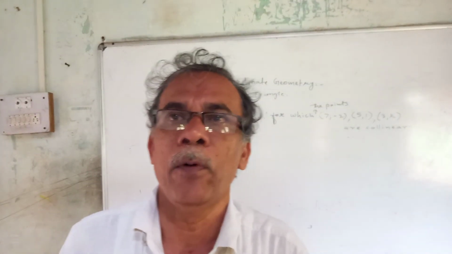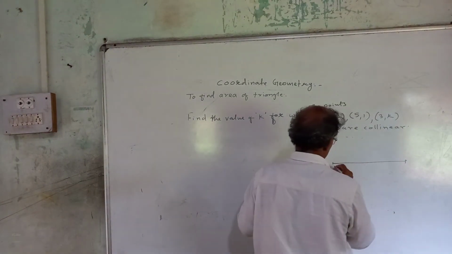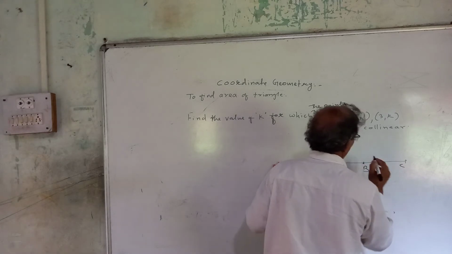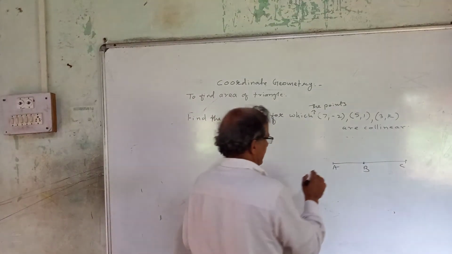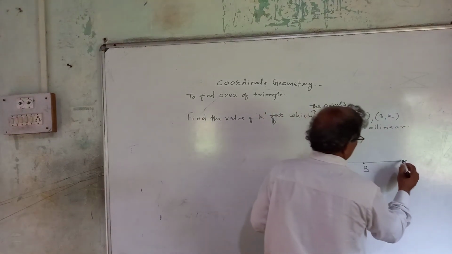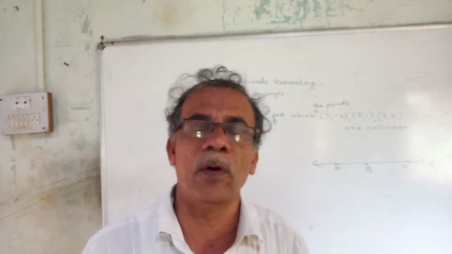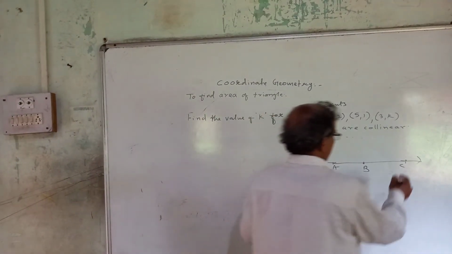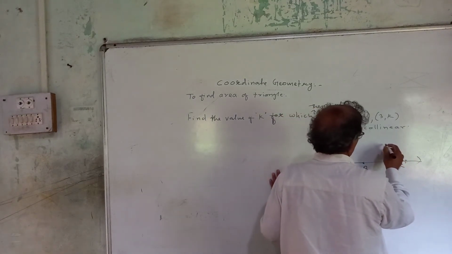Now if 3 points are collinear, now see here, A, B and C. Collinear means what? They lie on same segment or they lie on same line. If it is line, the point lying on the same line, they are called collinear. And if the 3 point lies on same line, if you join them, you get a figure of segment.